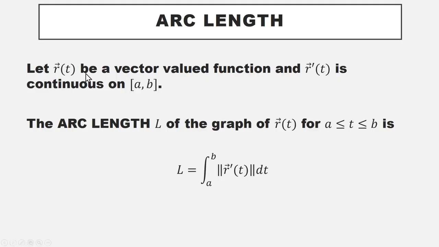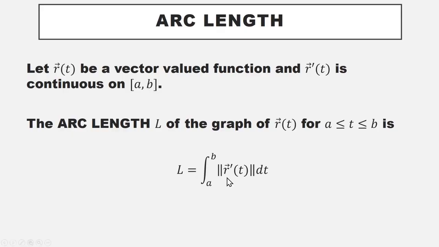If r of t is a vector valued function and it has continuous derivative from a to b, then we can find the arc length, which we call L, of the graph from a to b by integrating the length of the derivative of our vector valued function.